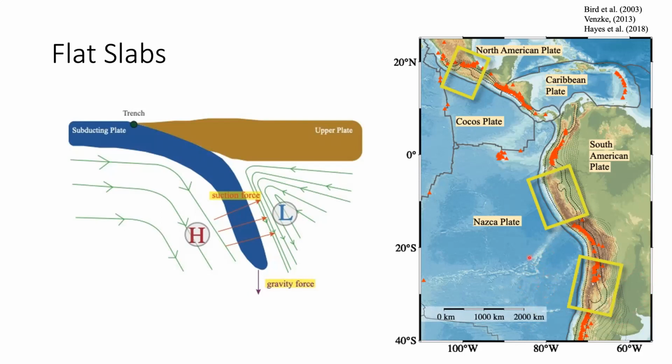Some people have argued that in this part of the flat slab region, there's a ridge being subducted. So people argue that the thicker oceanic crust here introduces additional buoyancy to make the slab more buoyant and become flatter. But actually we think it's not, because thicker oceanic crust will produce thicker eclogite, making it even denser.